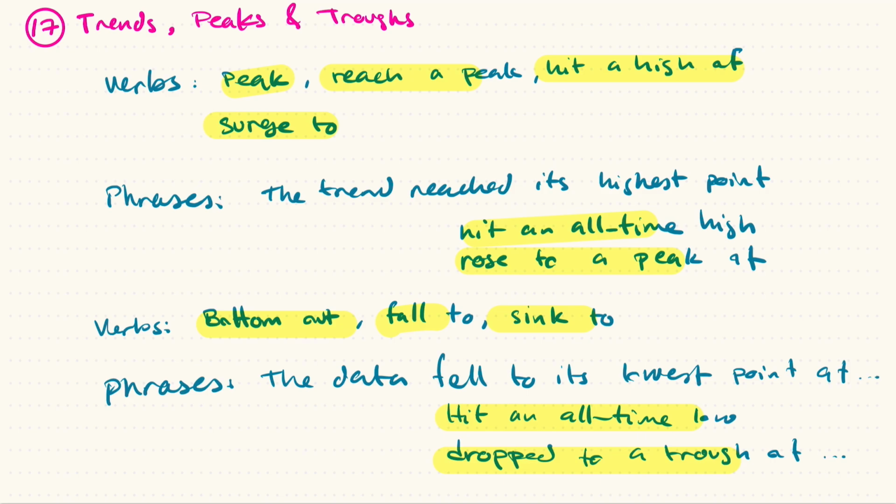So let's move to the next page and practice a few sentences as an example of how you can use these phrases and verbs to describe these kinds of trends. For example, you can say the sales figures peaked at $10,000 in May.